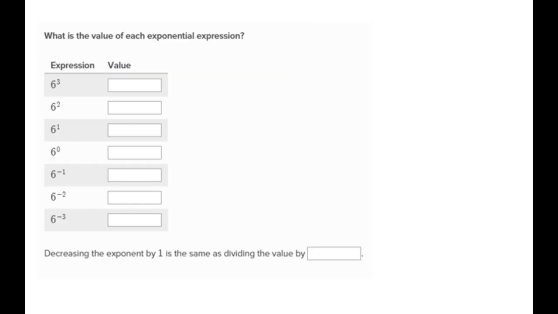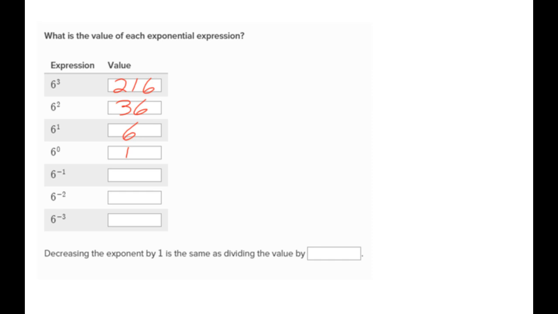Okay, this one, some of you I've helped on a problem very similar to this, but 6 to the third is 216 if I did my math right. 6 squared is 36. 6 to the first is 6. Remember, any number to the 0 power is 1. The most common wrong answer there is for people to put 0.